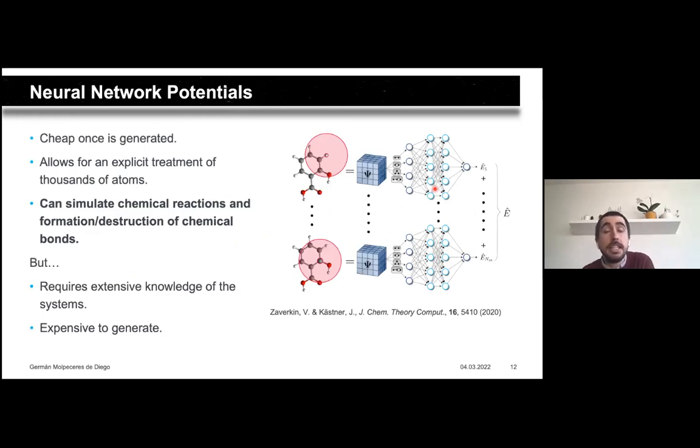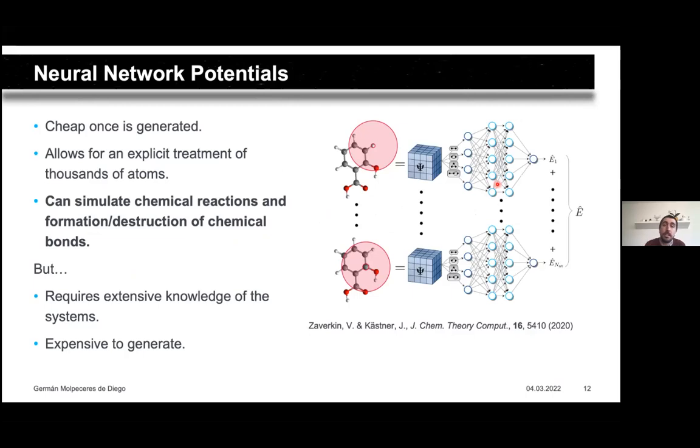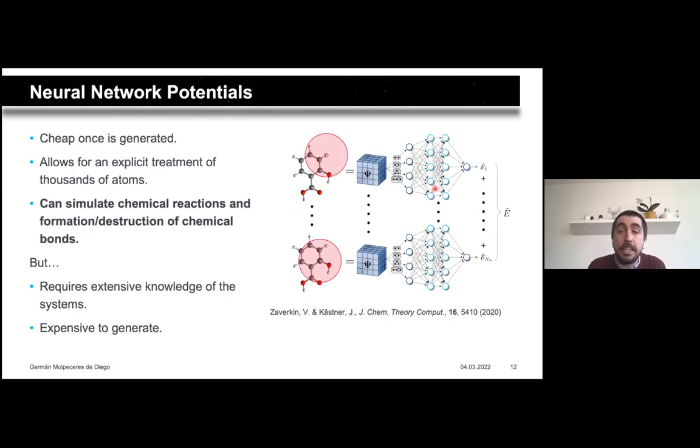Neural network potentials is another way of obtaining the dynamics and the forces and the energies of a system made of atoms, as for example, in an ice. But in this case, we are profiting from data science techniques in order to obtain these energies and forces.